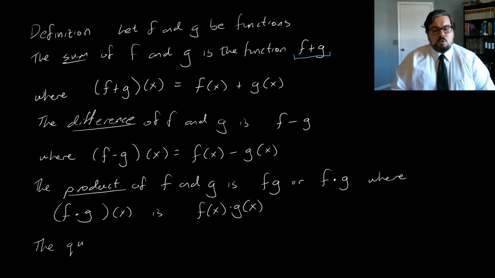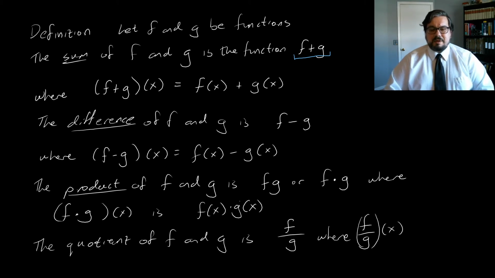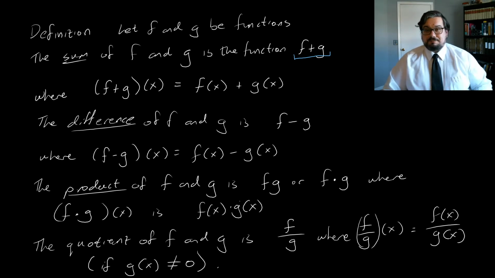And finally, the quotient of f and g is f over g, where f over g of x, or sometimes we write it this way, is f of x over g of x, and this is only if g of x is not equal to 0.